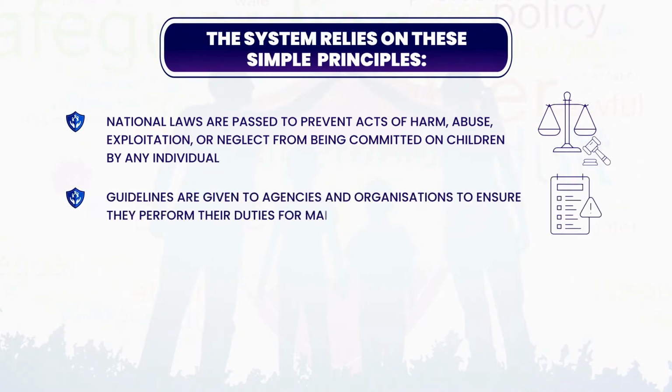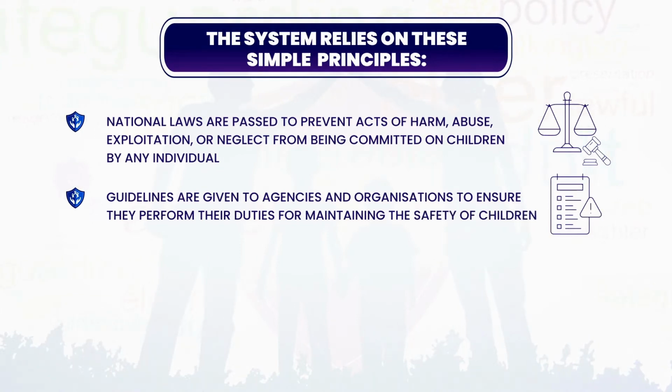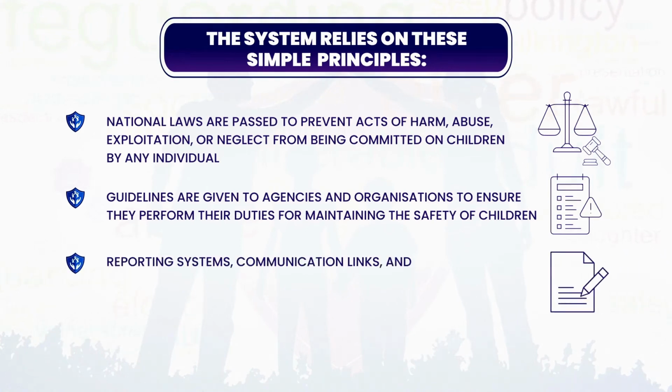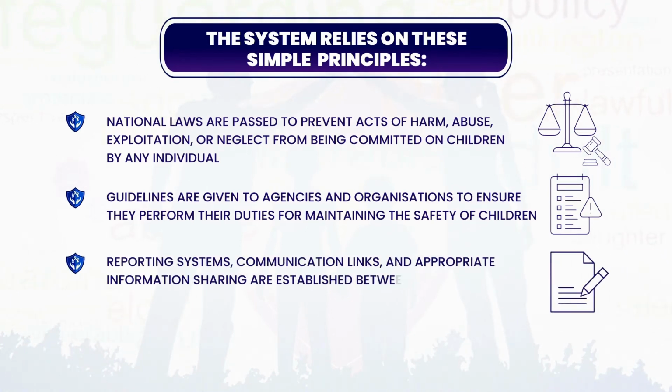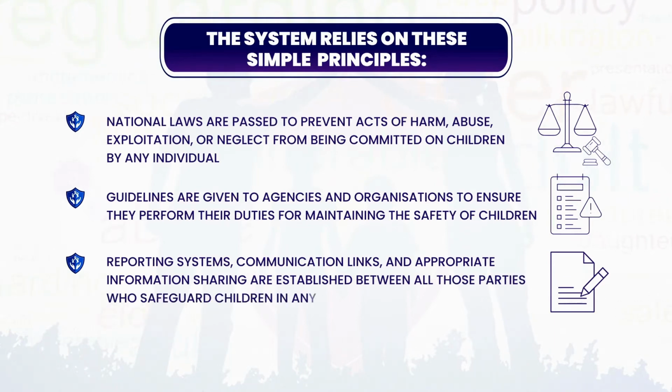Guidelines are given to agencies and organisations to ensure they perform their duties for maintaining the safety of children. Reporting systems, communication links and appropriate information sharing are established between all those parties who safeguard children in any way.